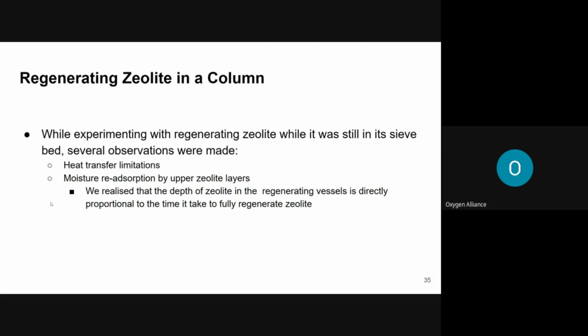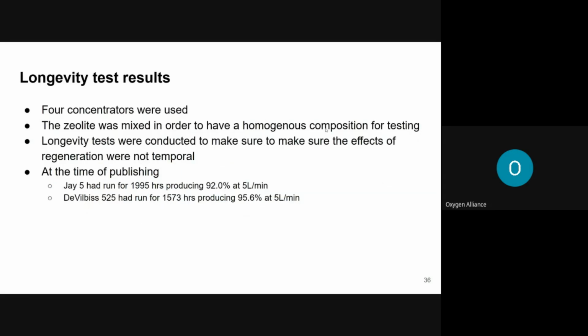Next, we had to do some longevity tests, after seeing from the experiment that the zeolite we had regenerated was producing high purity oxygen. We had to run some extensive tests just to make sure that the effects of regeneration were permanent. So we used 4 different concentrators of 3 different models.